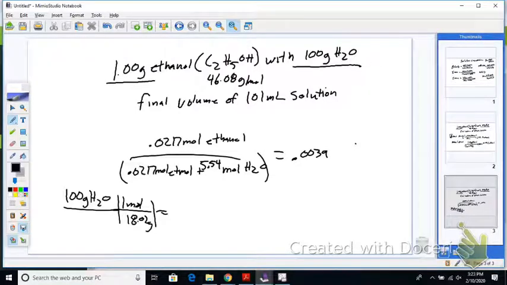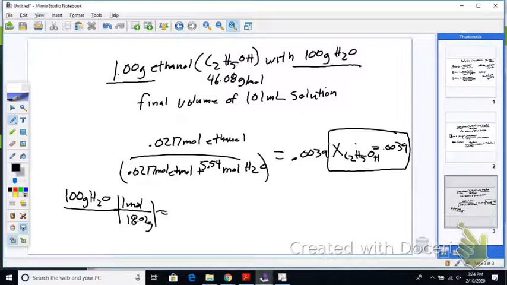The way they label it for ethanol is X C2H5OH, and they say that that's equal to 0.0039. It's called a mole fraction. That's how you do it. Okay? And then the mole fraction of water is 0.9961. But they usually want the solute.